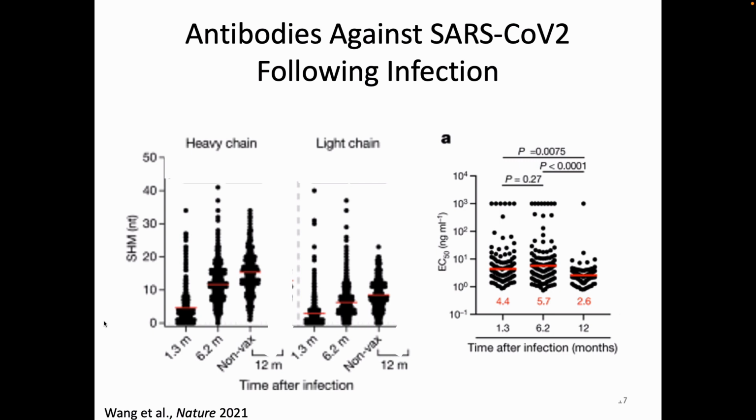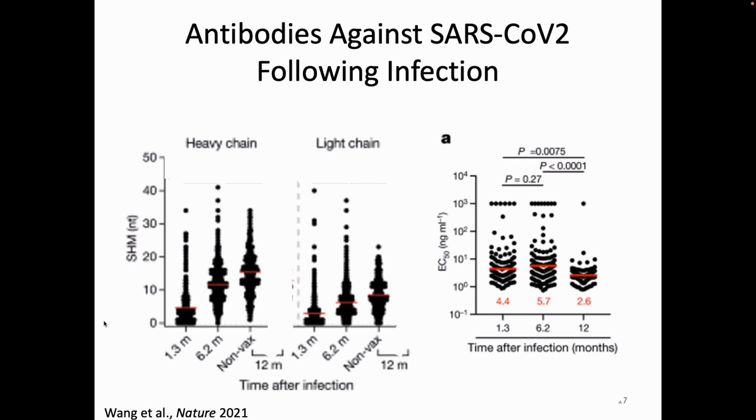It means you need less antibody to have the same activity. Lower effective concentration means your antibodies are better, stronger antibodies. So what do you see from these data? They're getting stronger. So you got more somatic hypermutation and stronger antibodies over time.